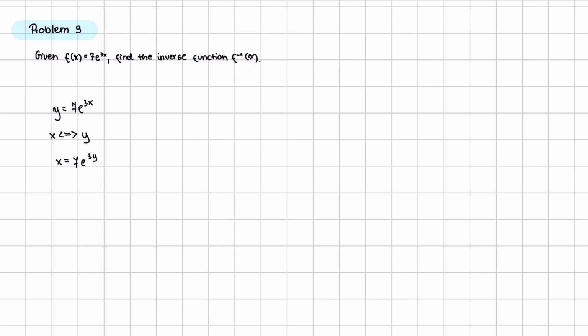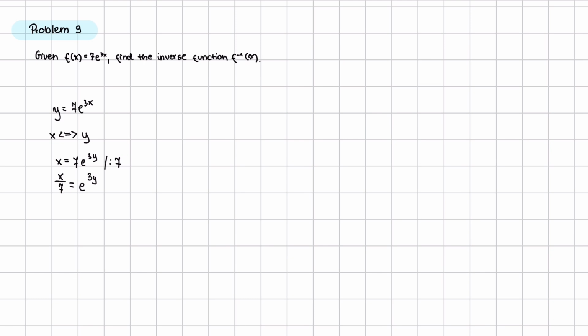So firstly, what we can do is divide both sides by 7. Unfortunately, we cannot solve it in the GDC, so we have to do it this way. So x divided by 7 equals, 7 with 7 will cancel out, so we have here e to the power of 3y.